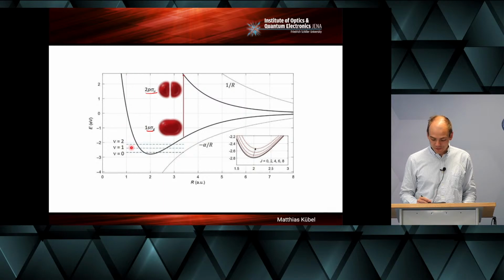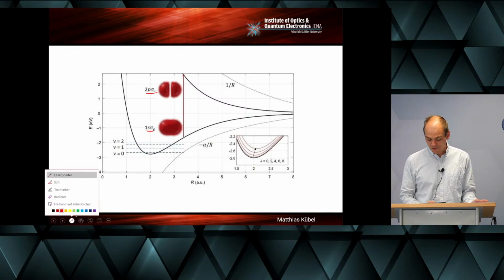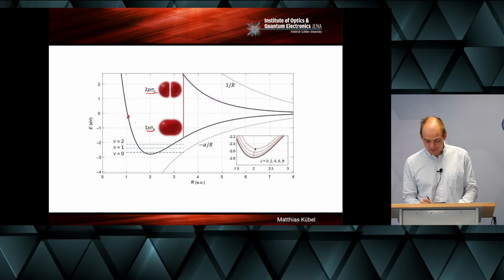We fix the nuclei at a certain distance, for example here 1 atomic unit, and then we solve the electronic problem. Then we did the same for maybe 1.1 or so, and so on until 8, and each time we got 2 eigenvalues. And then we plot them. These are the curves that we obtain.